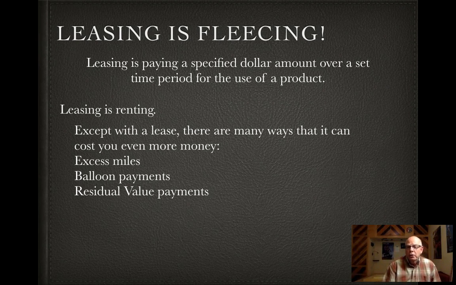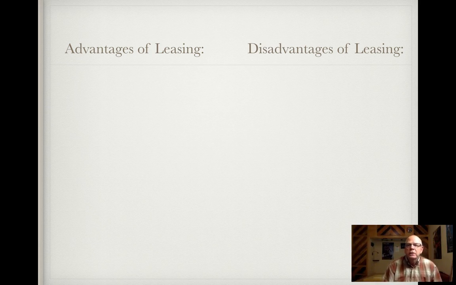You basically buy it from the bank or the leasing company, whoever it is, at whatever they value it at, Blue Book value, and probably there's some other calculations in there for a lease. So you can buy the car at the end after you've paid a monthly fee for 3 years just to use it.